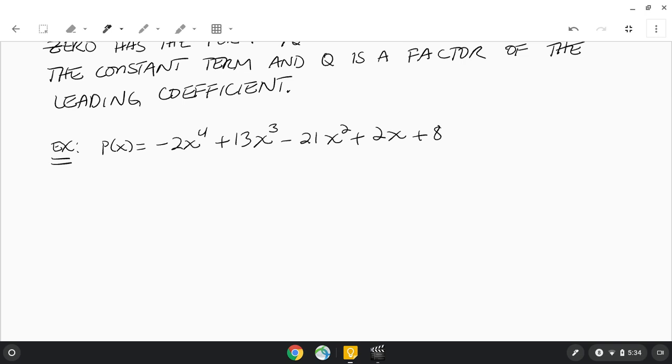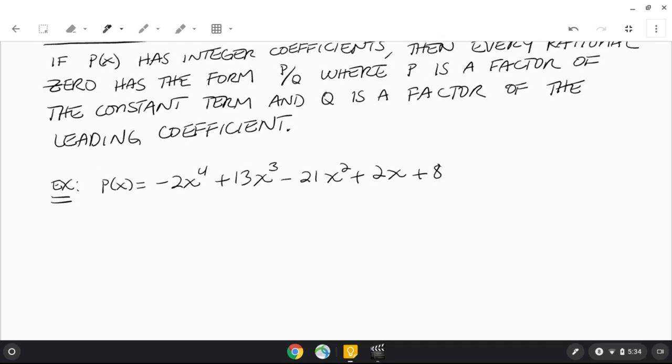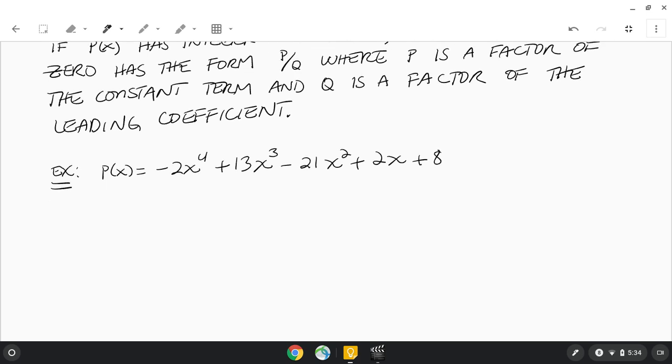So we're going to be using that rational zero theorem to at least narrow down our choices for these rational zeros. It says that it has to have that form P over Q, where that top number P is a factor of the constant. So here's my constant right here. Then my possible P-values are going to be, and I'm going to use the positives and the negatives because I can do 1 times 8 or negative 1 times negative 8.